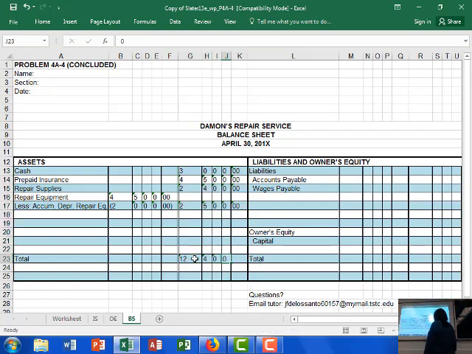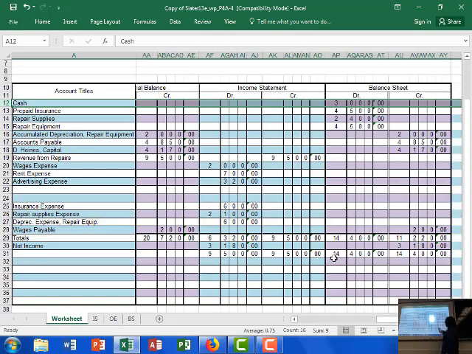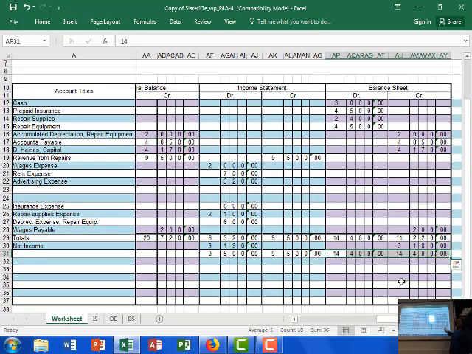Yes, 12,400. Now, this is different from the balance sheet that's in the worksheet. Let's go look at the worksheet. This is the formal statement. The balance sheet here, 14,000. Why? Because we didn't take off the 2,000. Correct. We didn't take out the less depreciation.